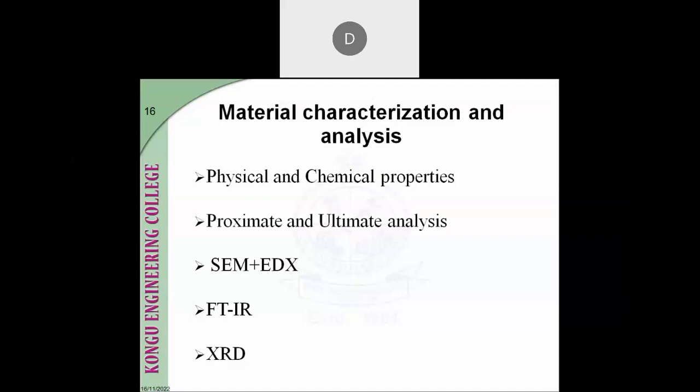Here, the XRD can be used to determine the structures, phases, most preferably crystal orientations, that is the most important one, and also other factors. Normally the XRD peaks are produced by the constructive interference of a monochromatic beam of X-rays.